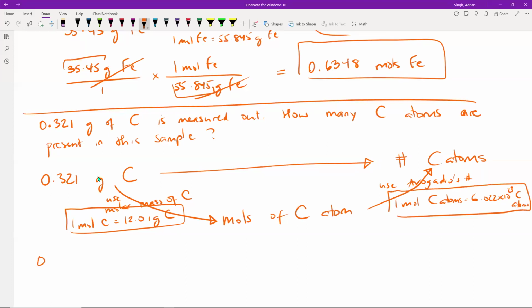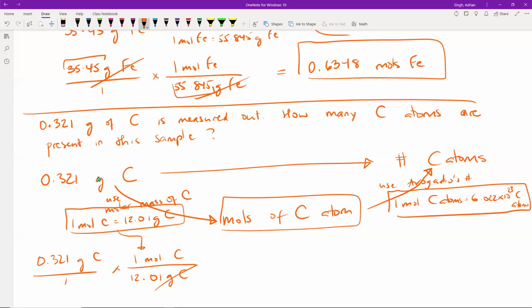I start with what's given, 0.321 grams of C, put that over 1. I'm going to take my equality, insert it here. The units are telling me where to put them. So if I want to cancel out grams, that goes on the bottom, along with the number, 12.01, which means the moles of carbon go on top. That's what I want, because my middle step here is to get to moles of C. Grams of C goes away.